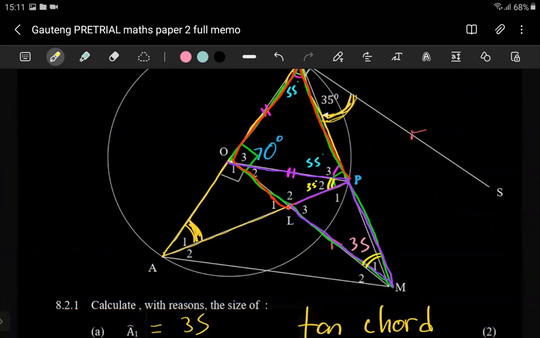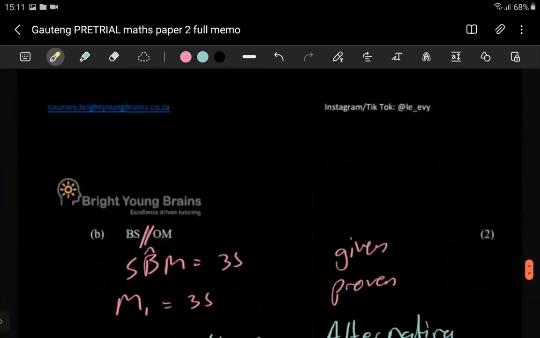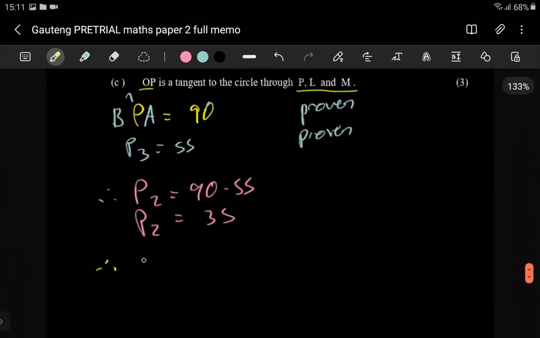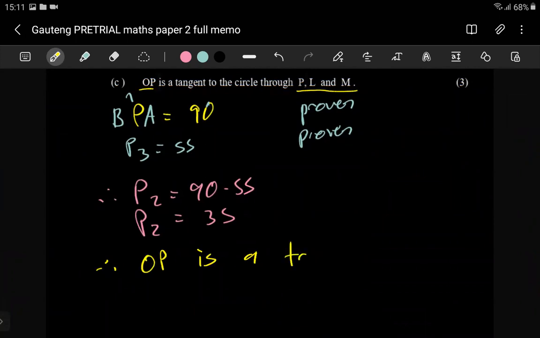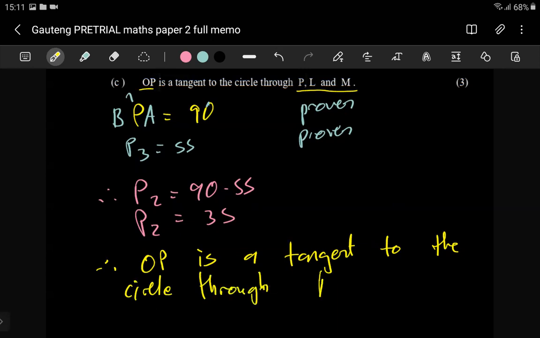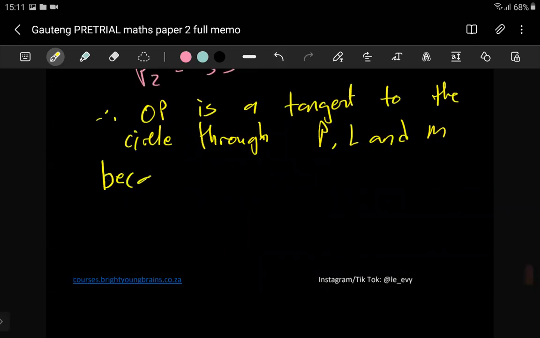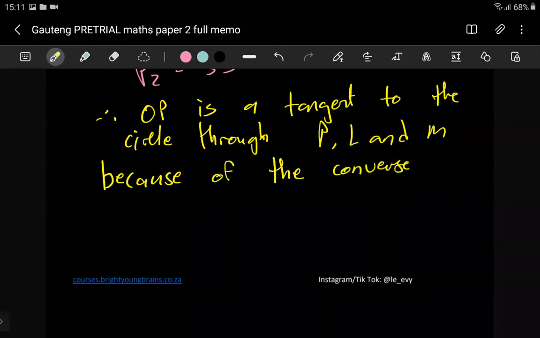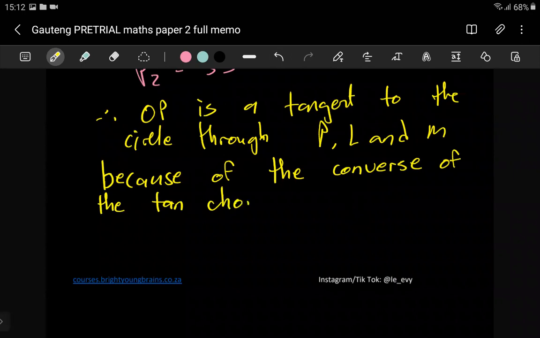So in this kind of situation, you can then say, therefore, OP is a tangent to the circle through P, L, and M, because of the converse of the Tangent-Chord theorem.